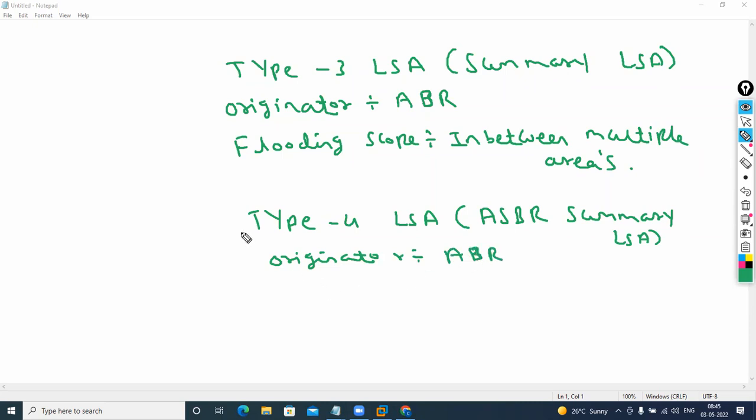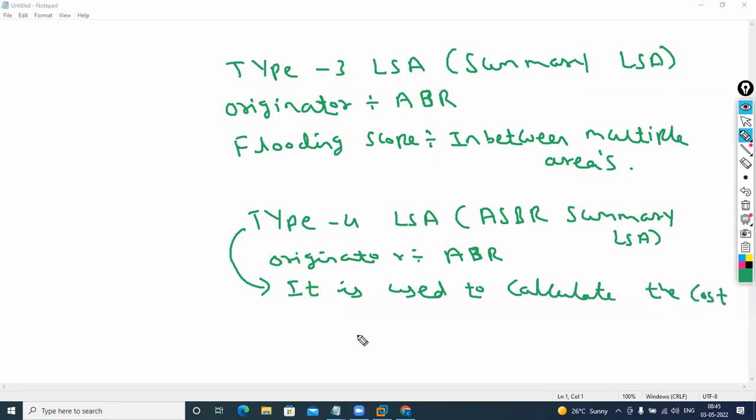The use of this type 4 LSA is to calculate the cost from the ABR towards the ASBR. ASBR stands for Autonomous System Boundary Router. We'll talk about that.